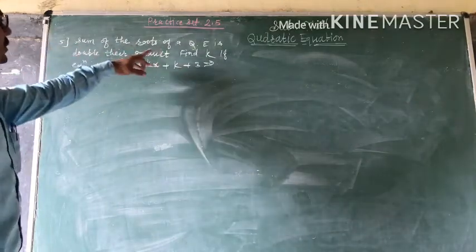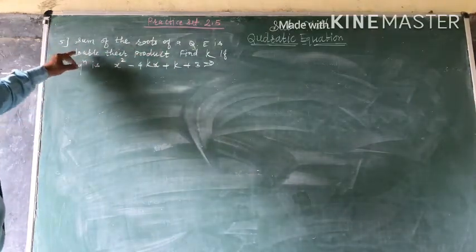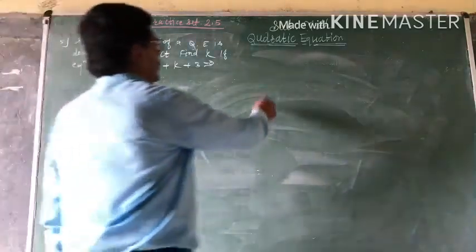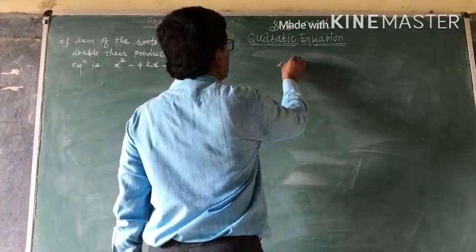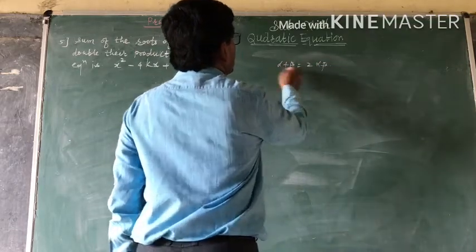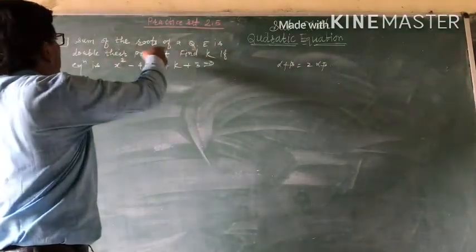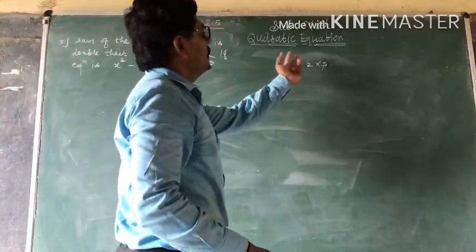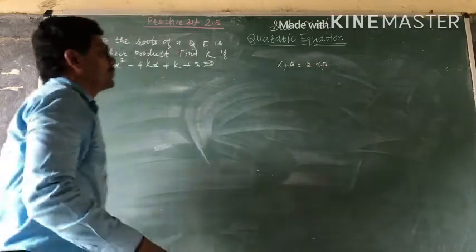Sum of the roots of the quadratic equation is double their product. Means the condition is alpha plus beta, the sum of the roots, is equal to twice of alpha into beta. Means this sum is twice of the product of the roots.